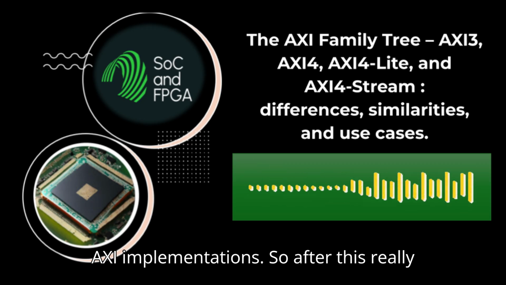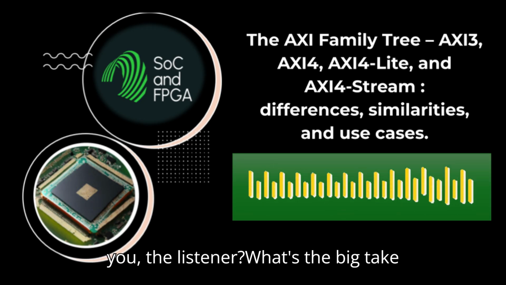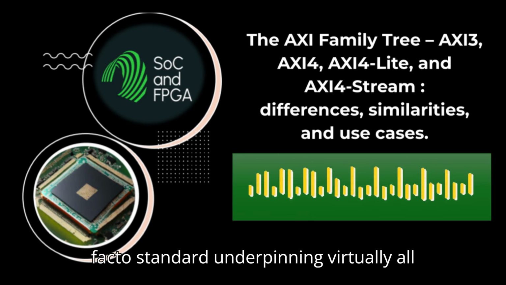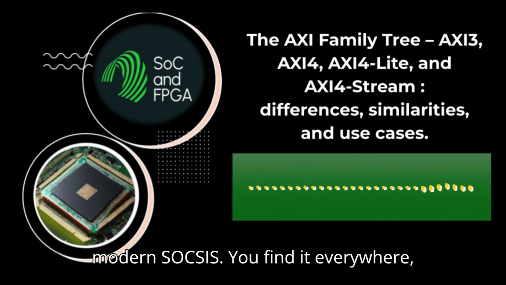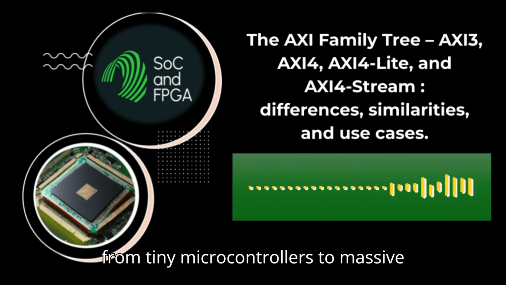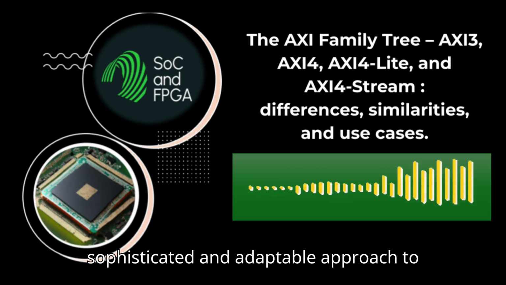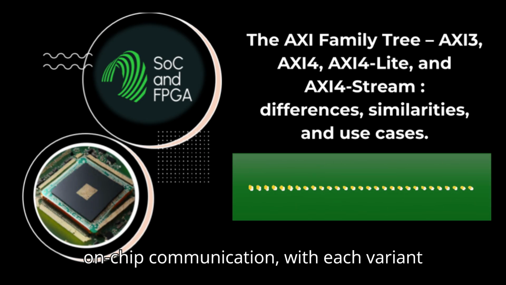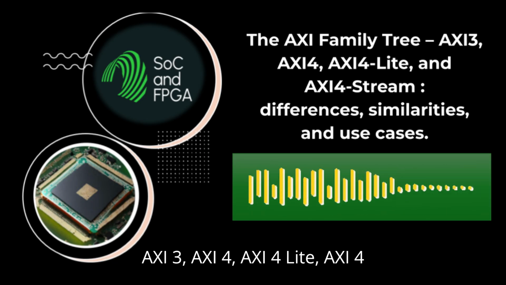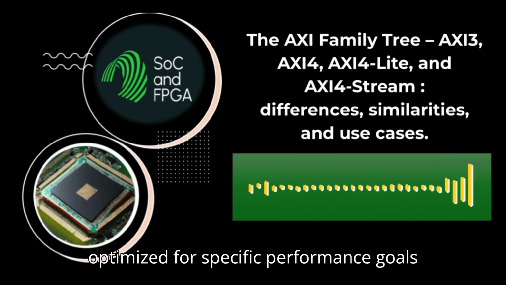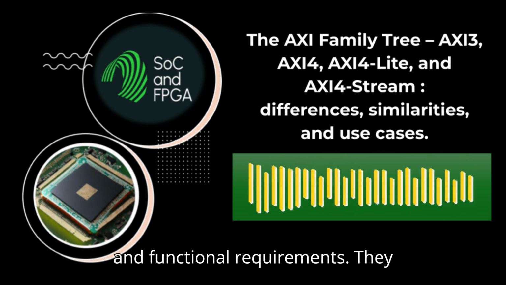It's becoming essential for high-confidence AXI implementations. So after this really deep dive, what does this all mean for you, the listener? What's the big takeaway? Well, the AXI family is truly the de facto standard underpinning virtually all modern SoCs. You find it everywhere, from tiny microcontrollers to massive server chips. It's a remarkably sophisticated and adaptable approach to on-chip communication, with each variant, AXI3, AXI4, AXI4-Lite, AXI4-Stream, meticulously designed and optimized for specific performance goals and functional requirements.